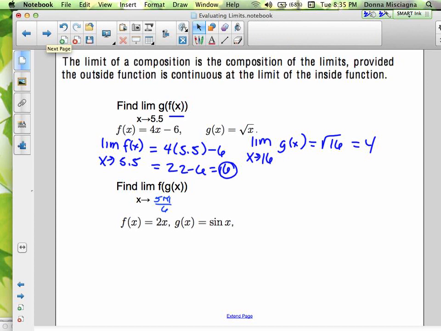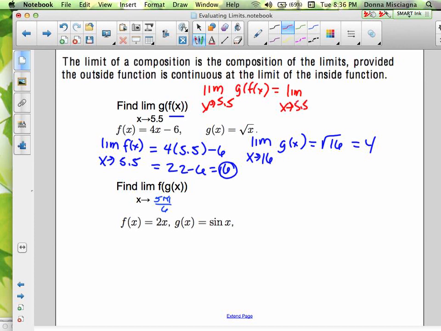So if I do this again, I'm going to do the limit as x approaches 5.5. I shouldn't write up at the top. Look what I did to my arrow. Of g of f of x. So that's going to be the limit as x approaches 5.5.